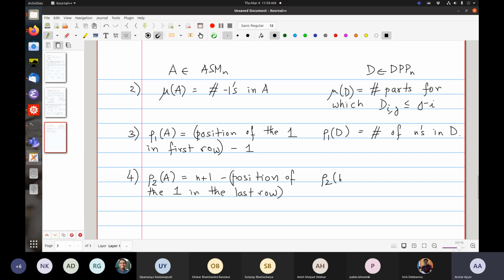And rho 2 of D is now going to get more and more complicated. This is the number of n minus 1s in D plus the number of rows of D of length n minus 1.